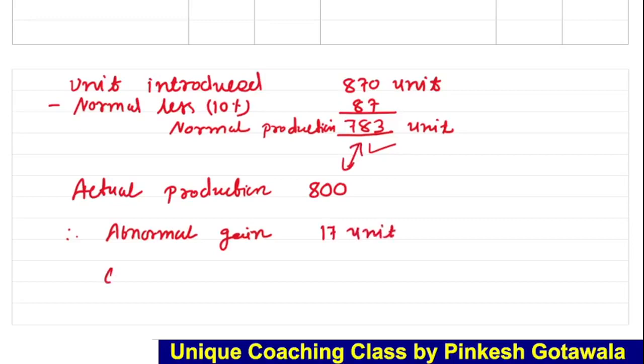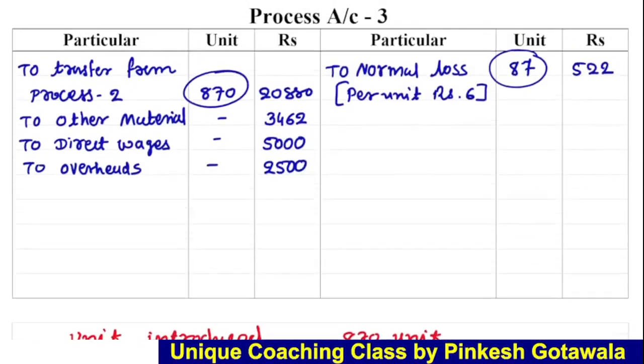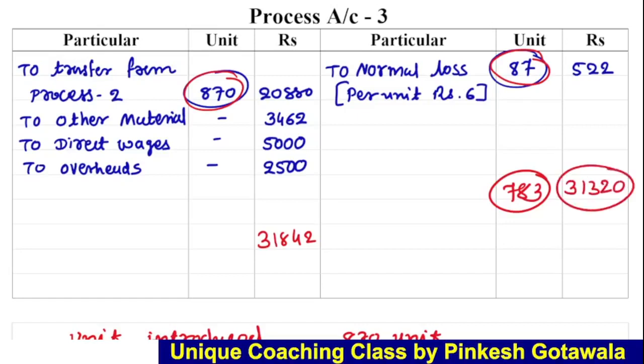Now let's find out its cost per unit. The same calculation. So here 870 minus 87, 783, it is the difference, and here 3462, 5000, 2500. 31842 minus 522, 31320.